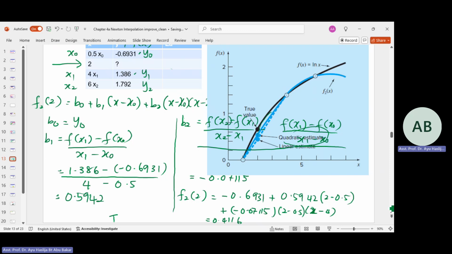Okay, the true error is 40.6 roughly. So comparing the linear order and the quadratic error for this example, not much difference that you can see.